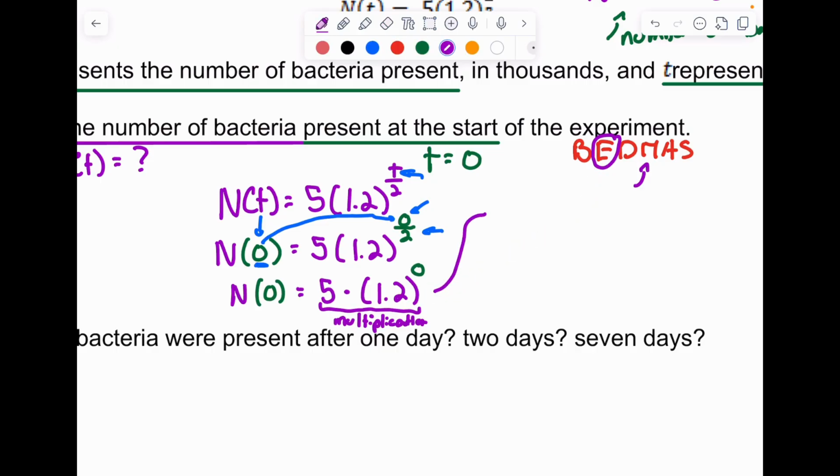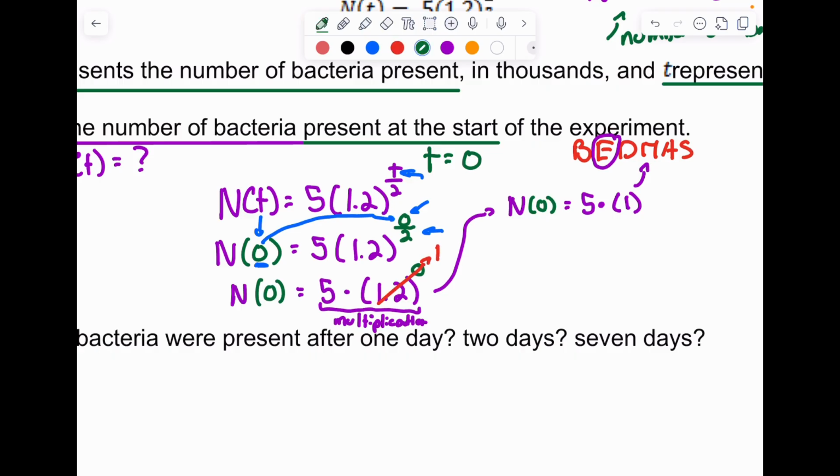So you go like this. N of 0 is equal to 5 multiplied. Okay, now what is 1.2 to the power of 0? Well, use your calculator, but also you just know from your exponent laws that anything put to the power of 0 is just going to be 1. So 1.2 put to the power of 0 simplifies to 1.